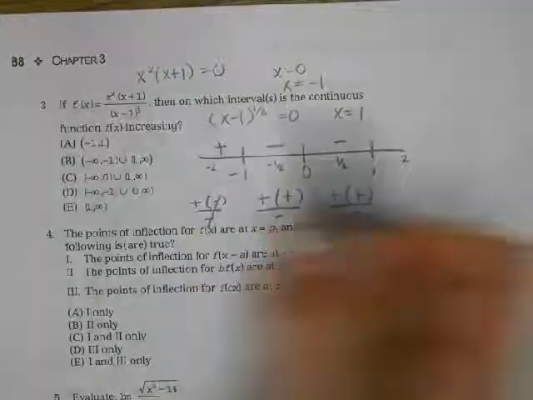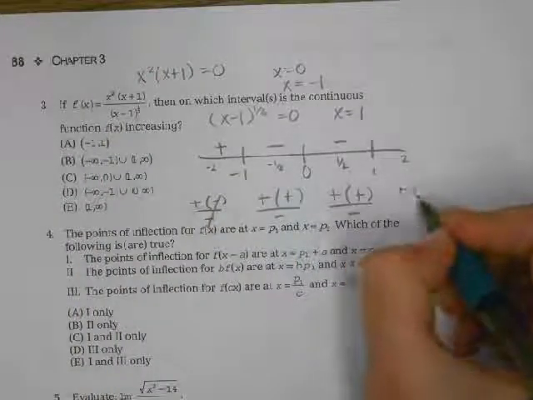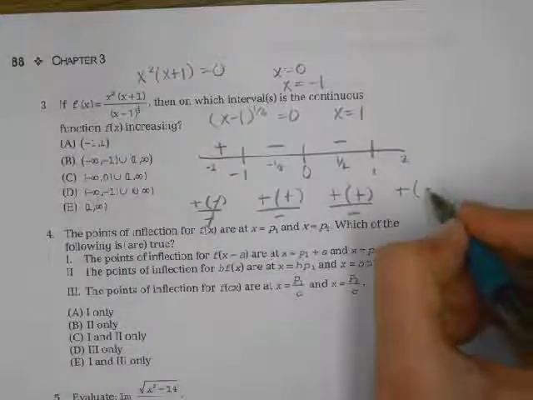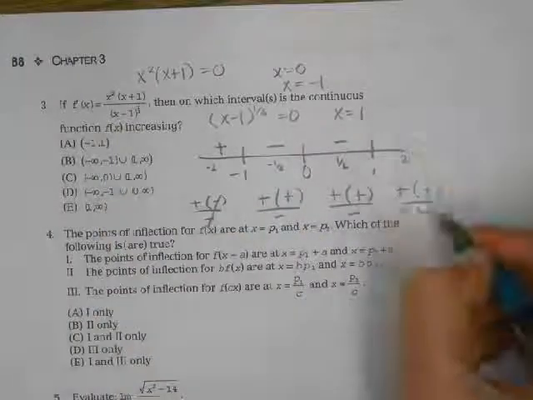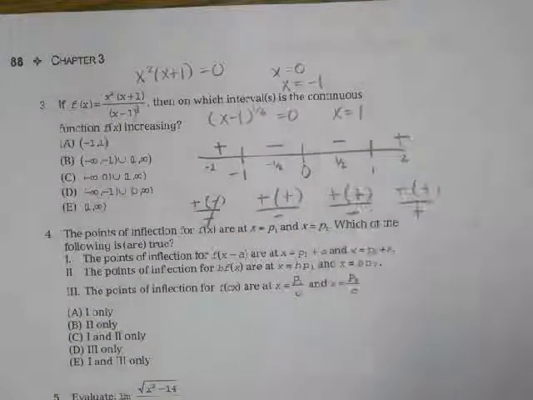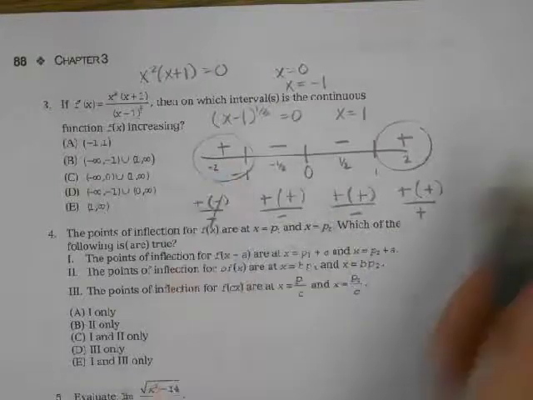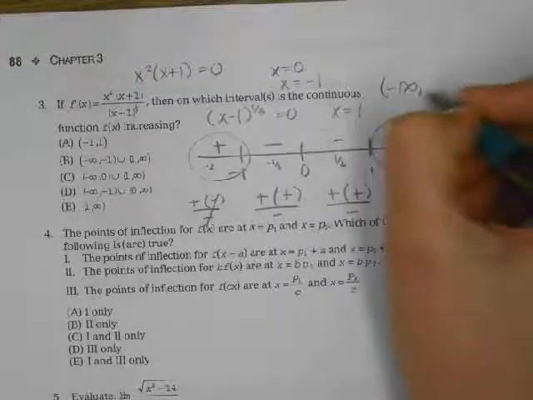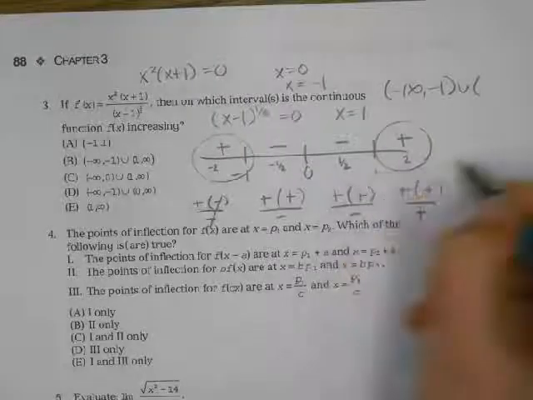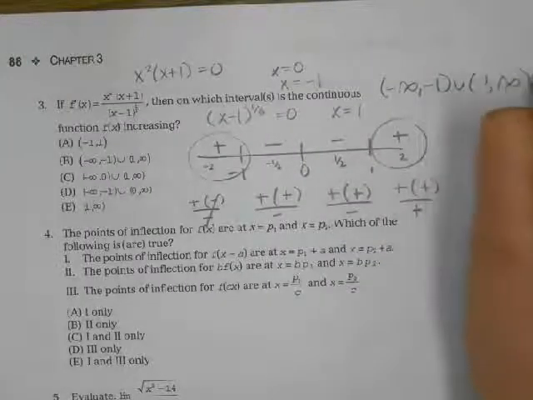If I plug in 2, 2 squared is positive, 2 plus 1 is positive, 2 minus 1 is positive, so that's positive right there. So on which intervals is it increasing? It's increasing right here and right here, so that's -infinity to -1 and 1 to infinity. And so that is B.